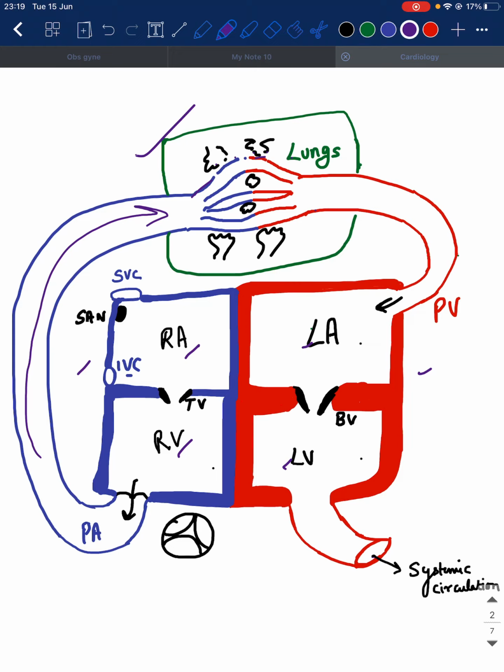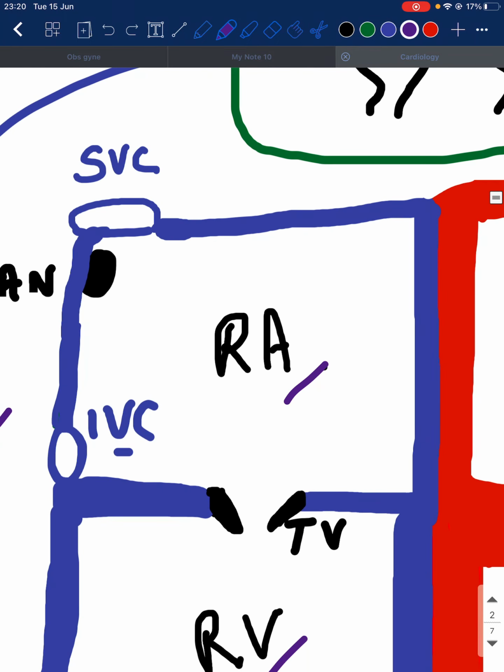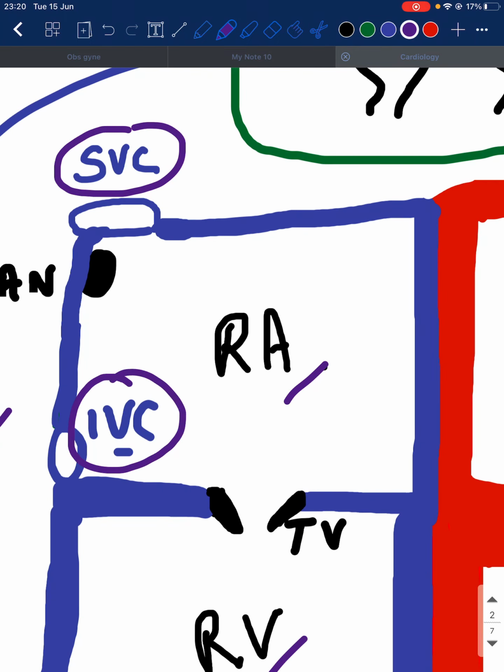What happens? Where does the blood come from? The blood in the right atrium comes from the SVC and IVC. What is SVC? That is the superior vena cava, and IVC is the inferior vena cava. All the blood from above the level of the heart coming from the body to the heart comes through the SVC, and from below the level of the heart it comes through the IVC.